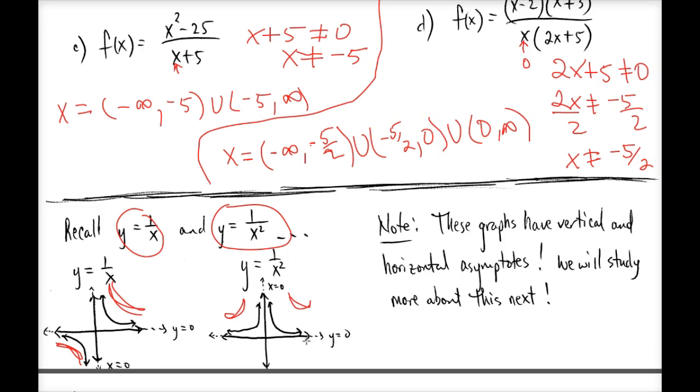So in general, the reason why 1 over x squared and 1 over x look the way that they do, and I'm going to erase all this stuff here so that we can see it more clearly. So if you notice here down at the bottom, I have x is equal to 0.